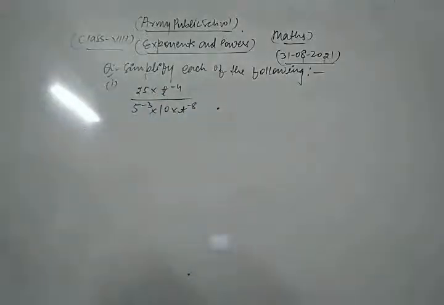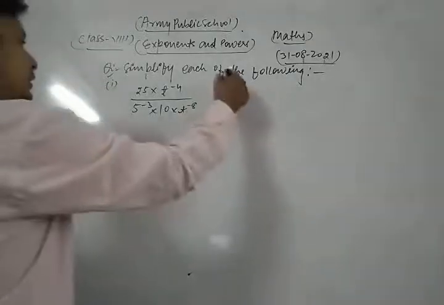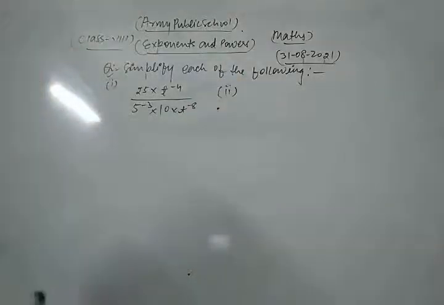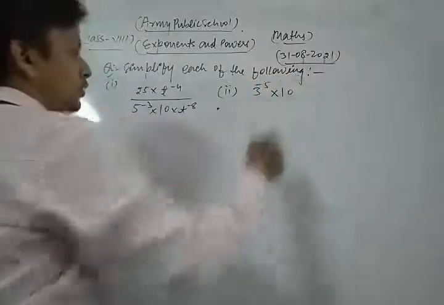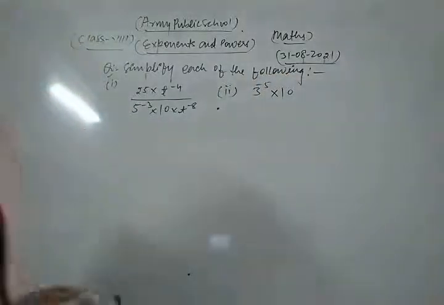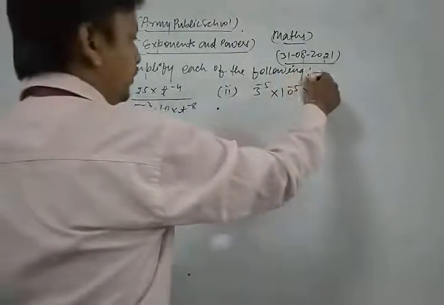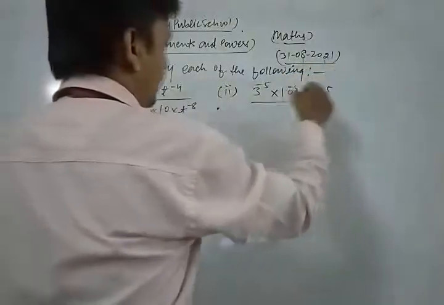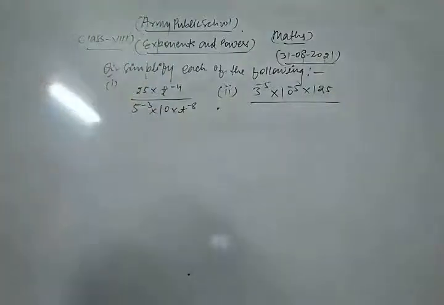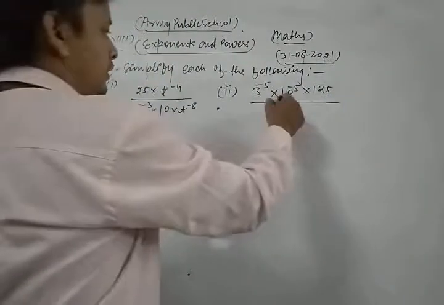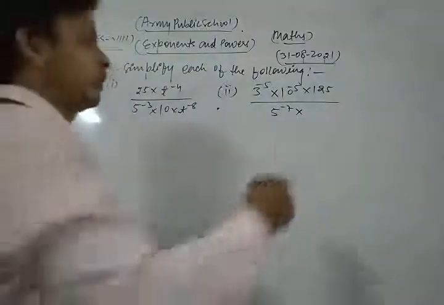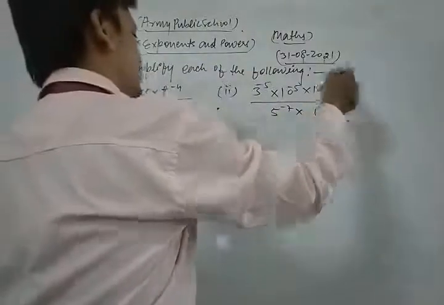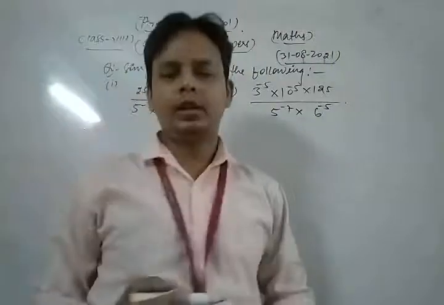And the second part of this question is 3 to the power minus 5 into 10 to the power minus 5 into 125 upon 5 to the power minus 7 into 6 to the power minus 5.